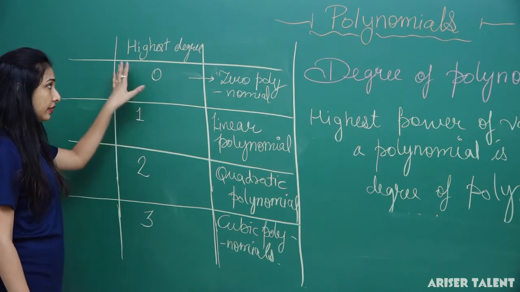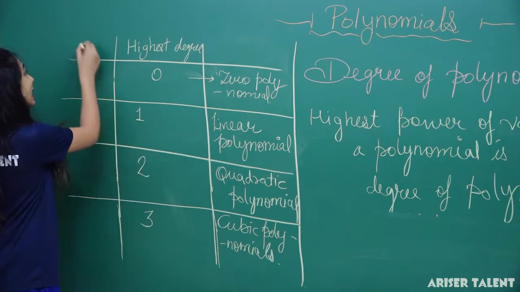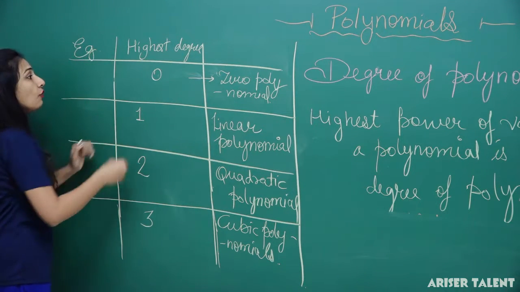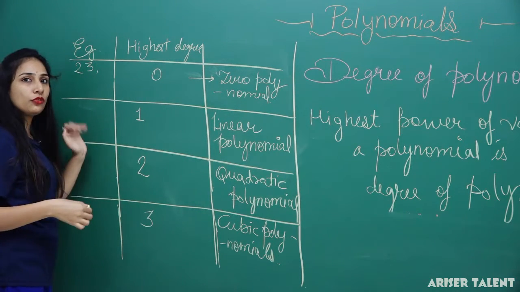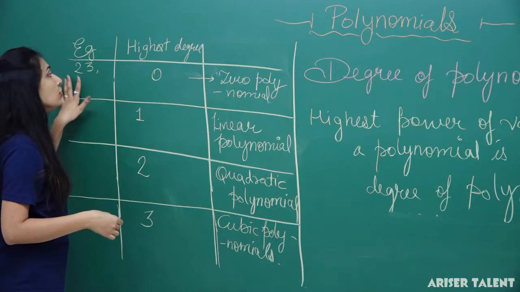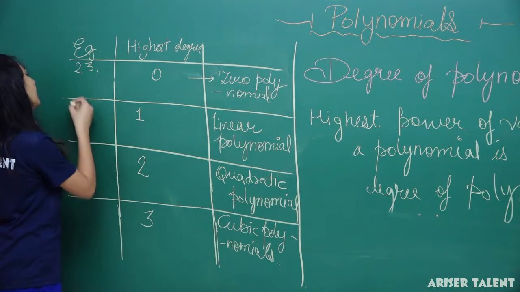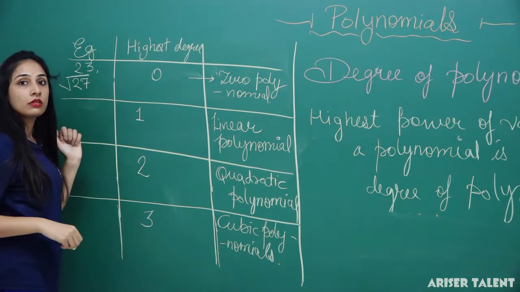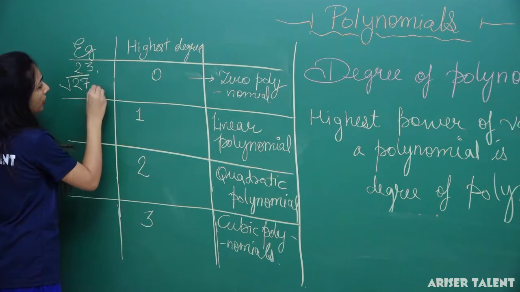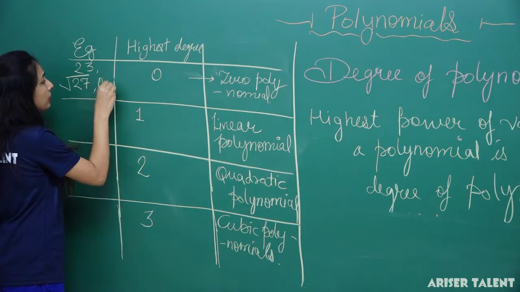Okay, so this is it. Now talking about some examples. For constant I can write like 23. 23 is my favorite number. Then you can write root 27, or 0.01.